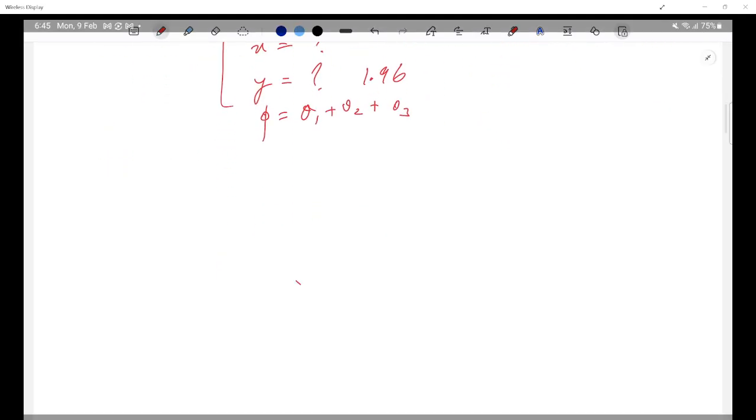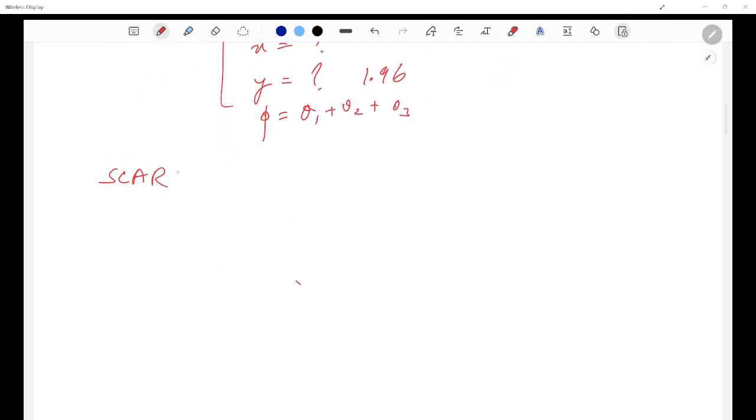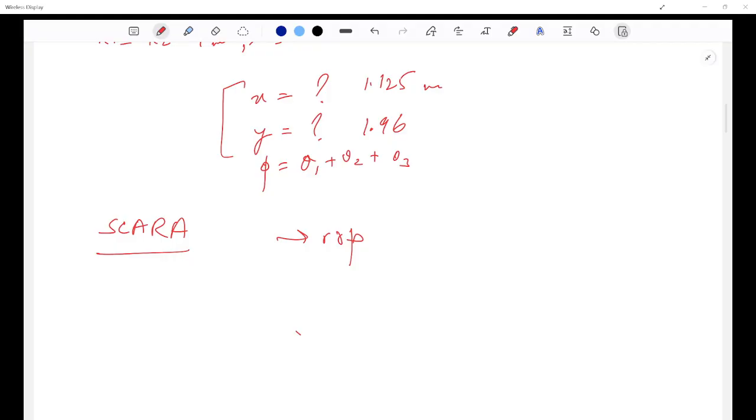Can you do the same for a SCARA robot? So a SCARA robot is RRP, right? Before that, when we concluded this, we can say that given the joint angles, we can uniquely get the end effector positions, right? If we talk about a SCARA robot, it has two revolute joints and then one prismatic joint.